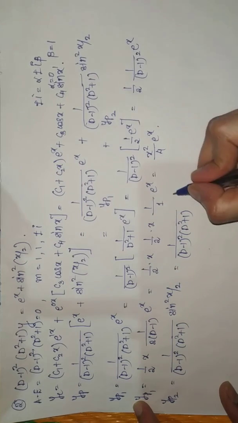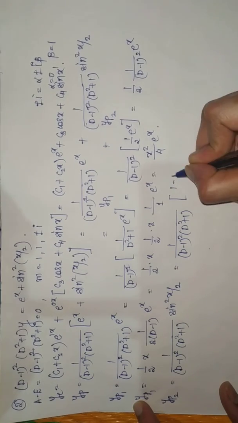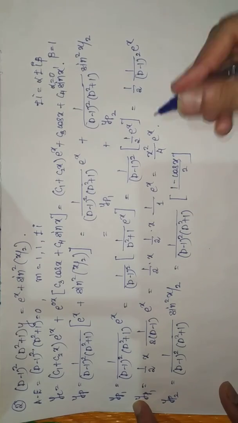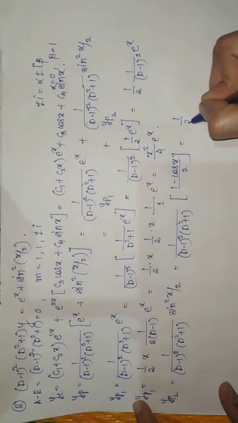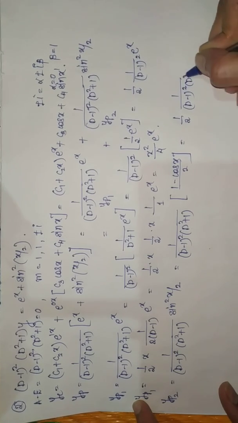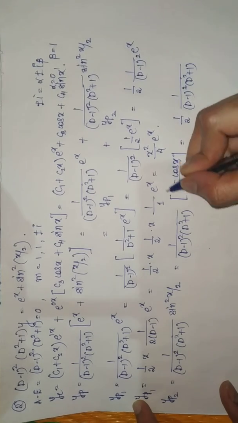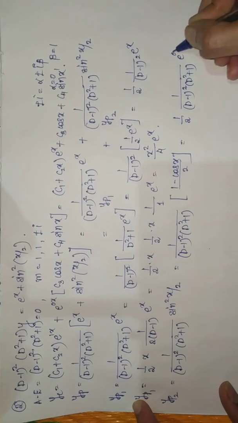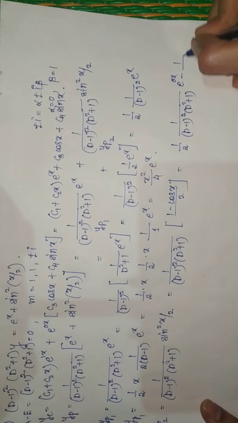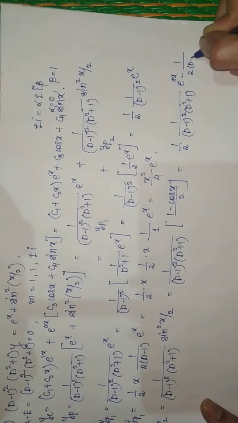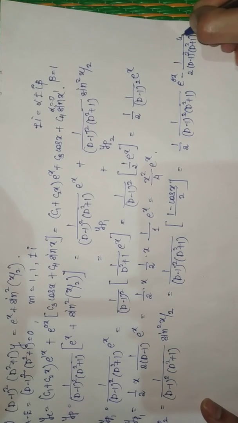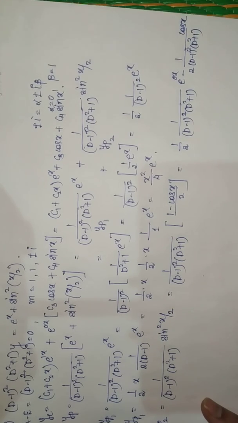Sine square x by 2, we can write as (1 minus cos x) divided by 2. So we can say half, 1 upon (d minus 1) the whole square, (d square plus 1) will remain. So 1 we can write as e to the power 0x, minus 1 upon (d minus 1) the whole square, (d square plus 1) into cos x.